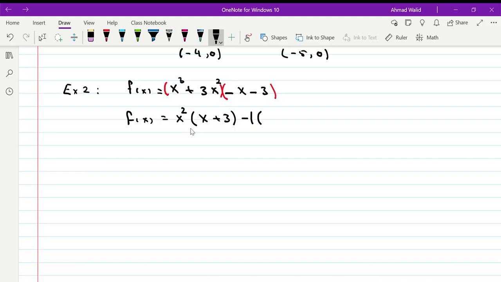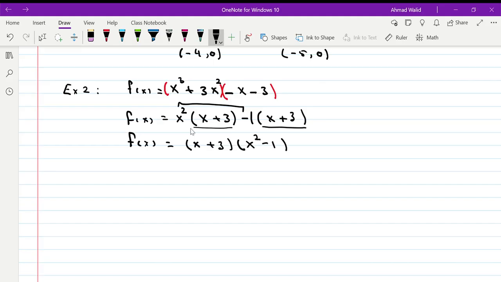Then in parentheses, x, and negative times negative divided by negative gives you positive 3. Now, since the parentheses are the same, we copy one of them, x plus 3, and we put the other two, which is x squared minus 1, in the second parentheses.